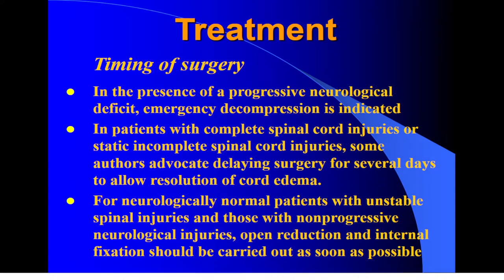The angle of that kyphosis may become very acute, and in that case it's not enough to just wait until the healing happens. You should try to reduce the angle of kyphosis, and you can do it by a few methods.